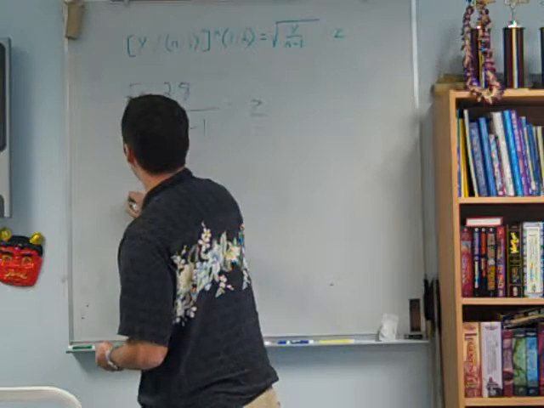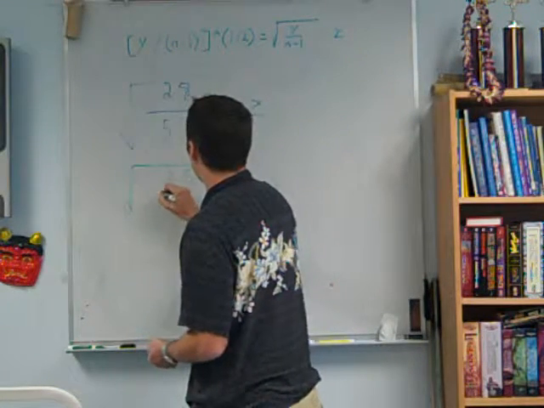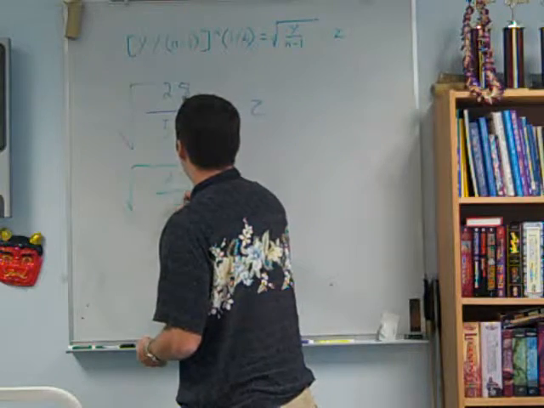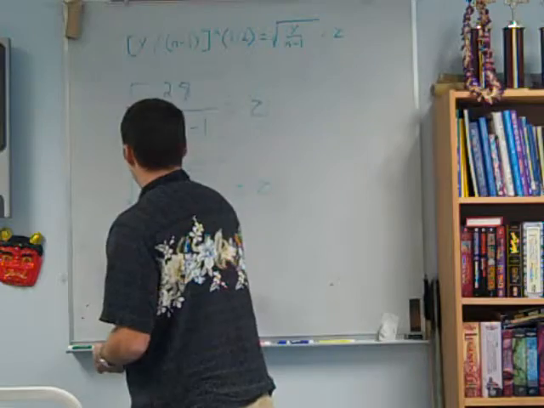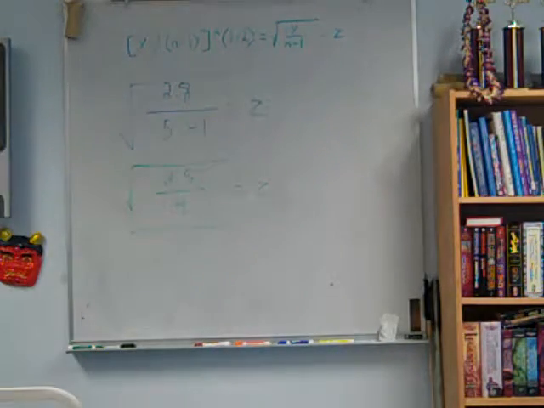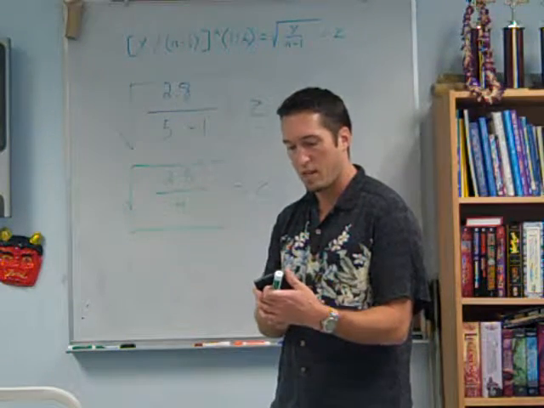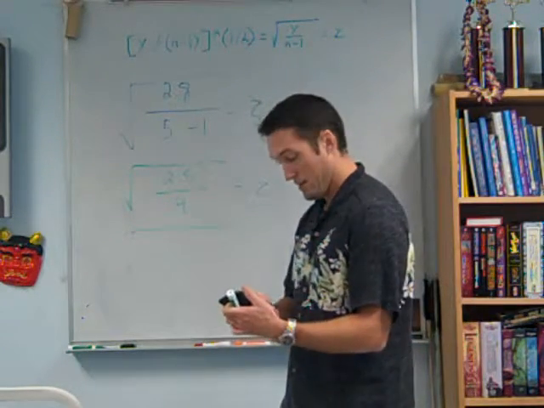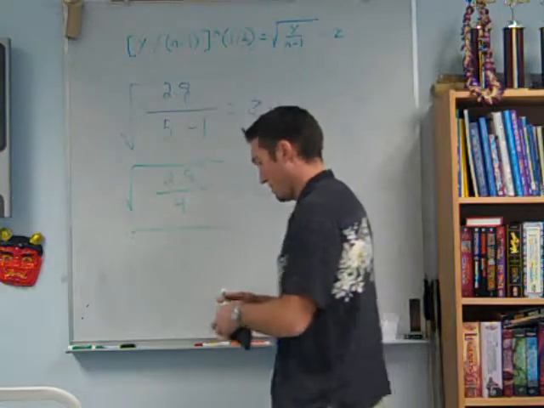Alright, so we can reduce this. 2.8 divided by 4 equals z. So now we'll do a little math here. 2.8 divided by 4 equals 0.7.